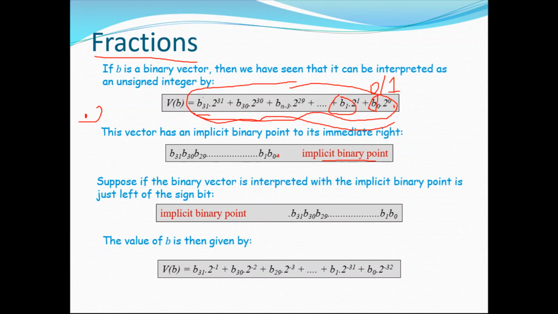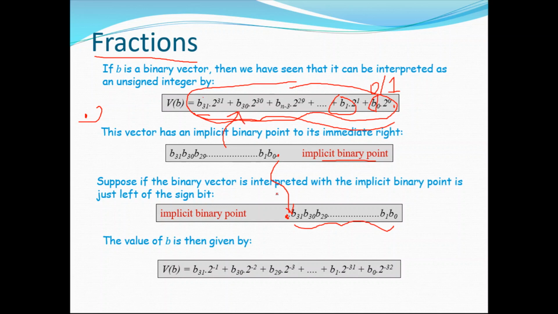Suppose that instead of keeping the binary point at the right end, we keep it at the left end. How should the number then be represented? By default the binary point is at the right end, and the number is represented like this.